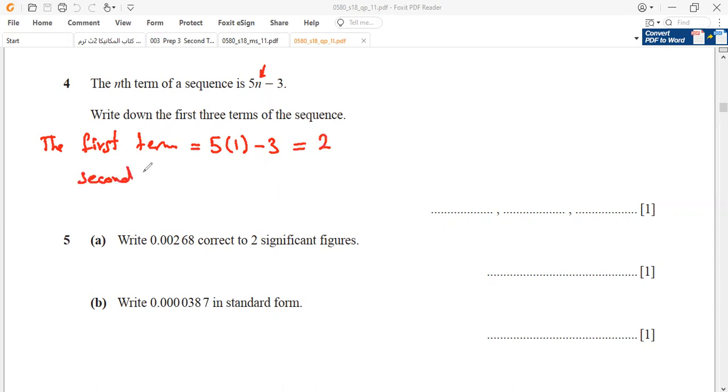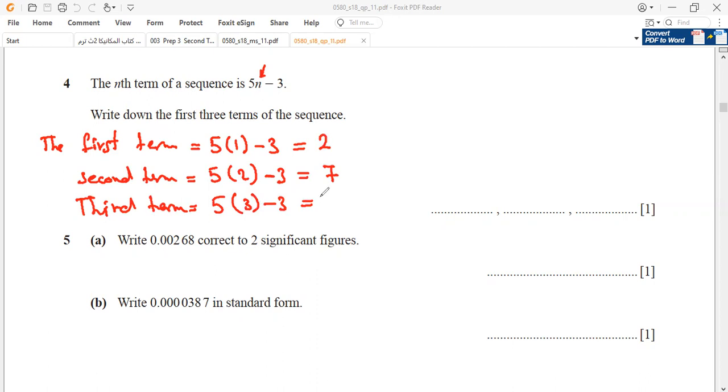The second term equals 5, and we replace n by 2: 5 multiply 2 is 10, 10 minus 3 is 7. The third term, 5, replace n by 3: 15 minus 3 is 12. So the first 3 terms are 2, 7, and 12.